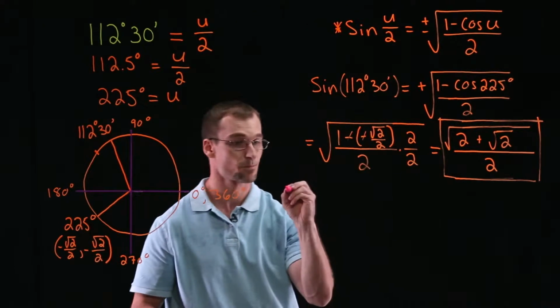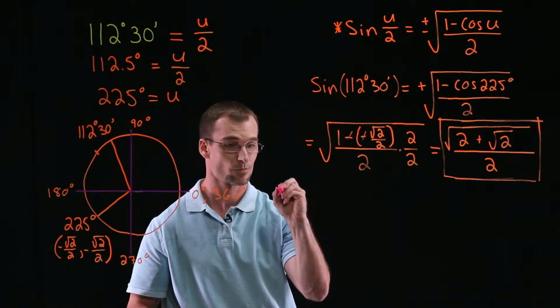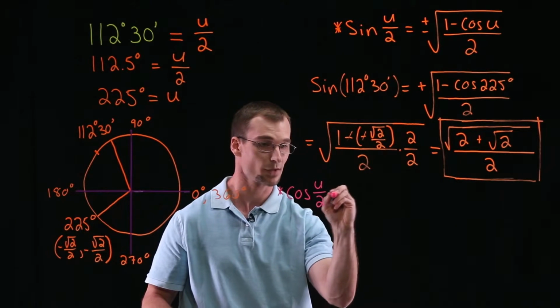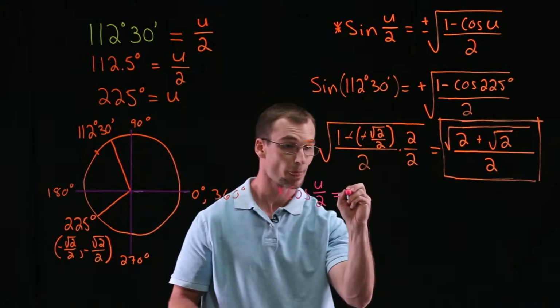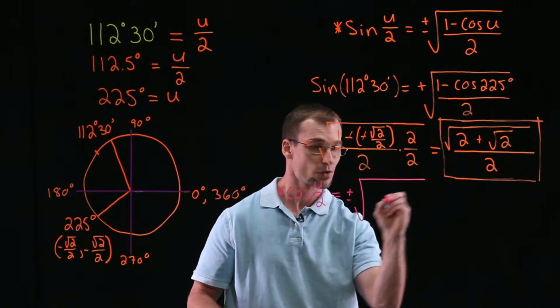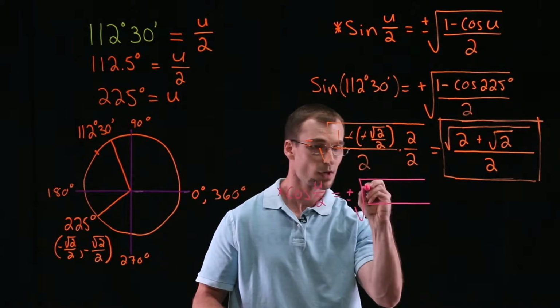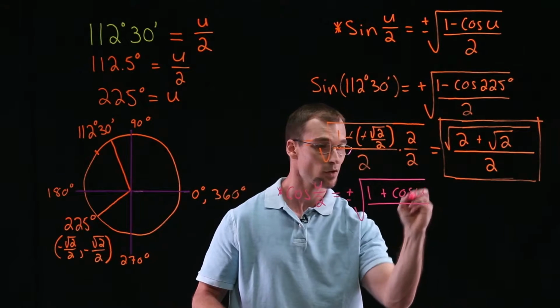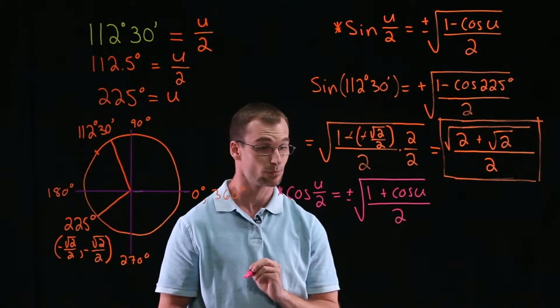So cosine, using our half angle formula, so the cosine of some u over 2 is again plus or minus the square root of 1 plus cosine of the angle u divided by 2.